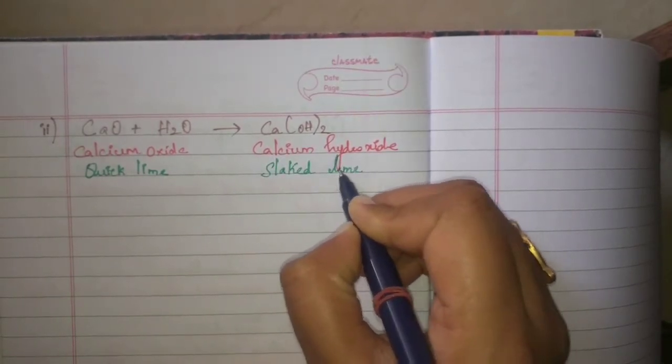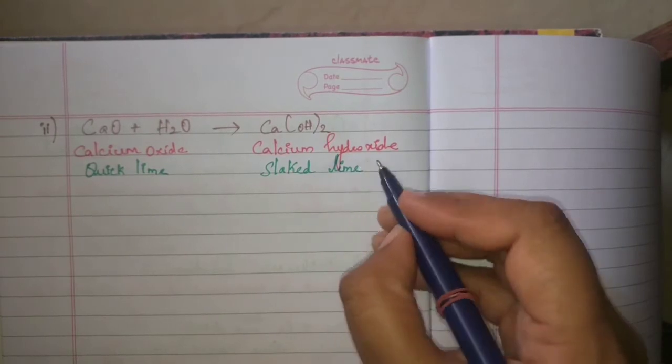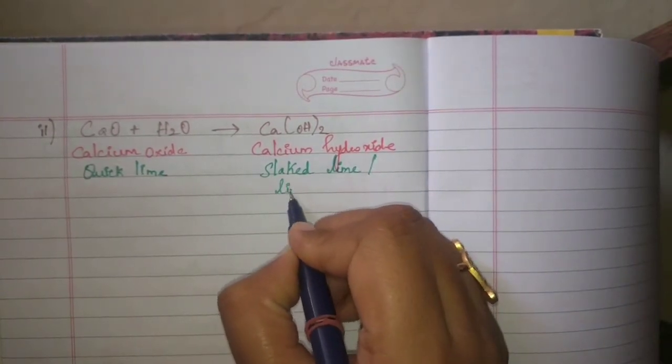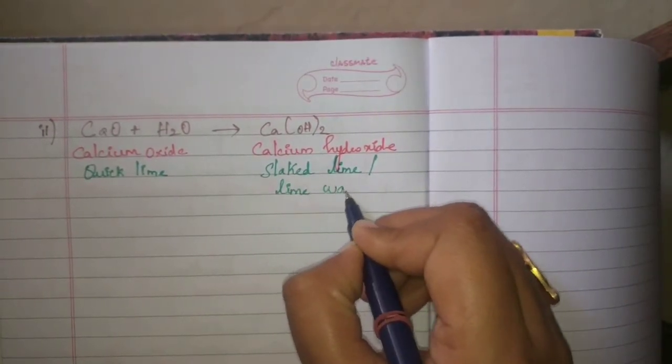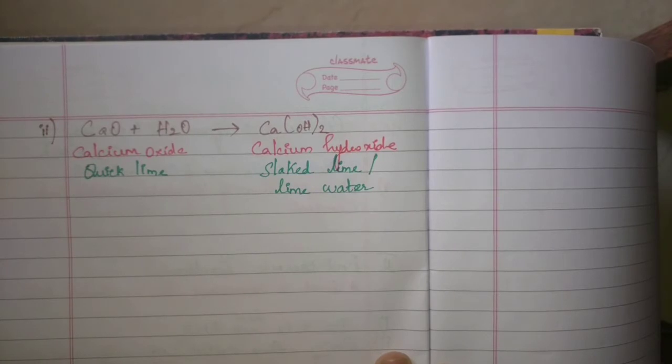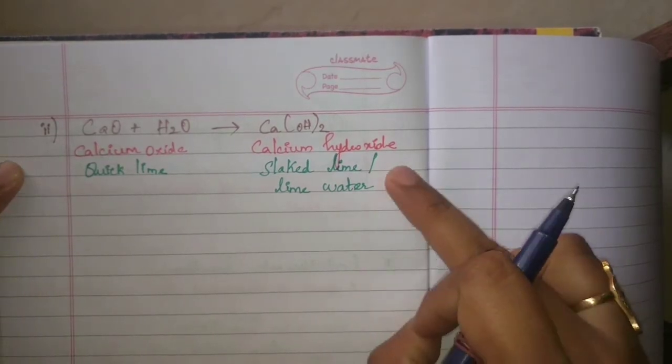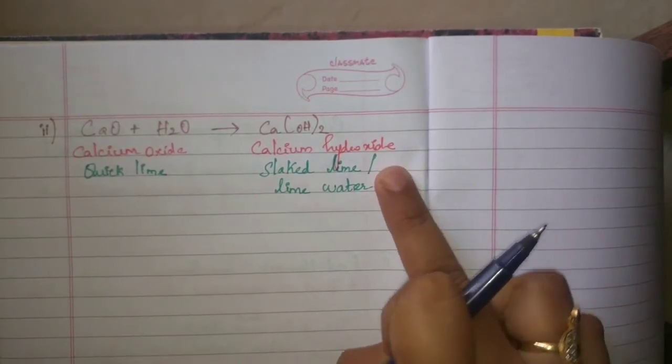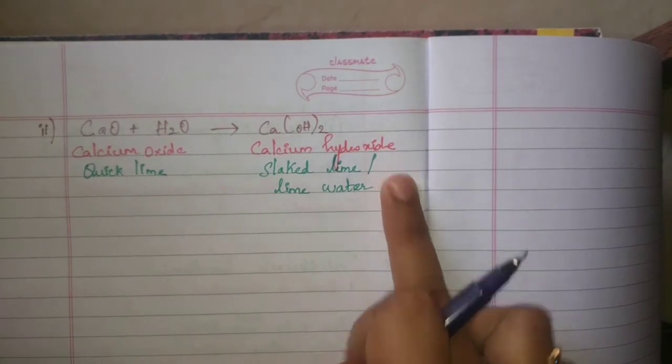Calcium hydroxide is known as slaked lime or lime water. Two names for calcium hydroxide, slaked lime or lime water. This question is repeatedly asked, students. So what happens when water is added to calcium oxide? It forms calcium hydroxide. Okay students.